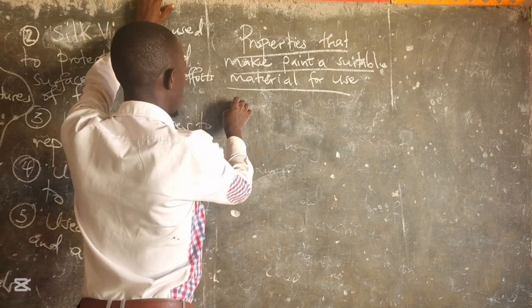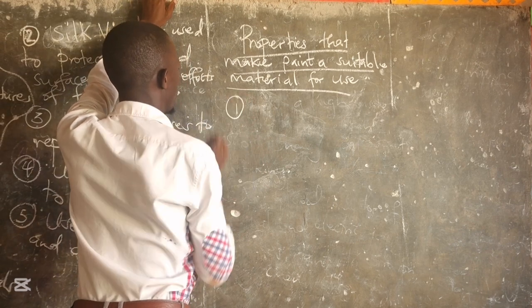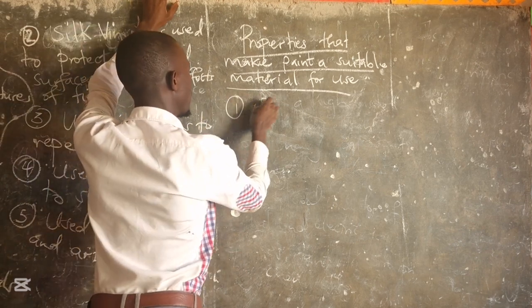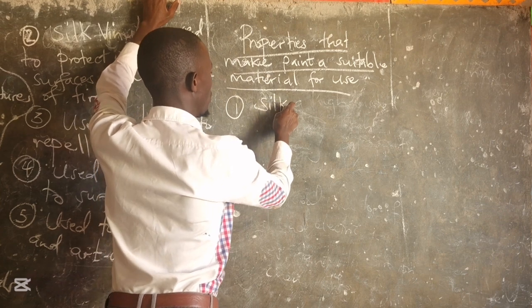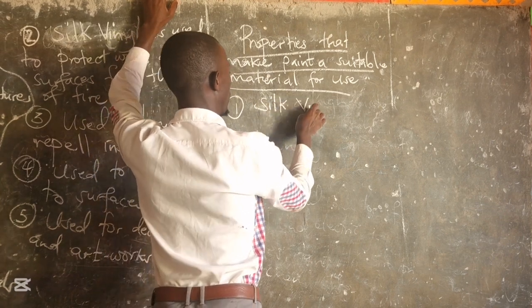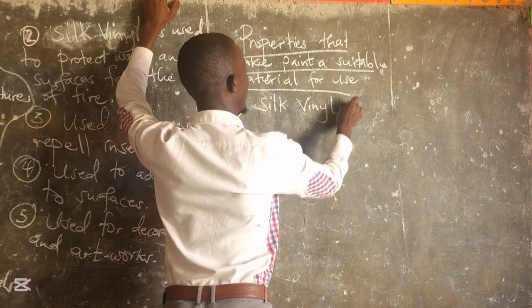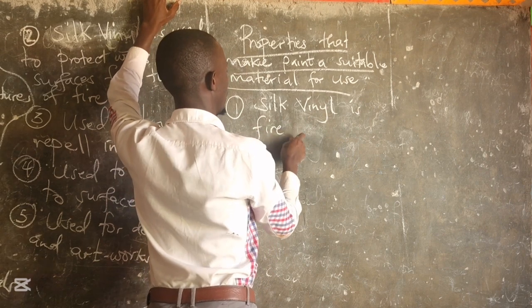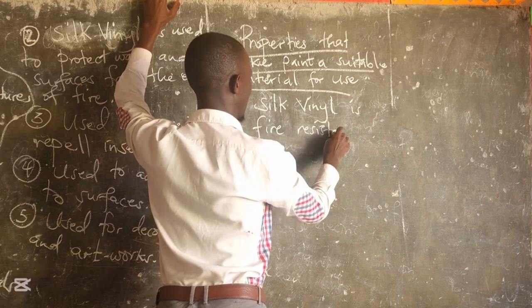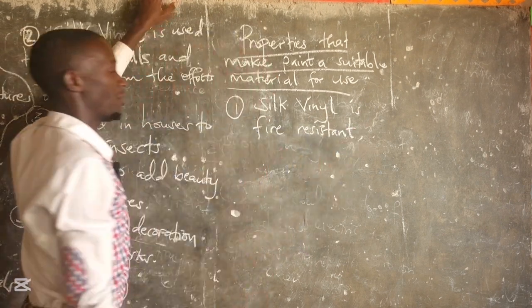One, we are going to be open and say the silk vinyl paint is fire resistant. So this is a property, being fire resistant.